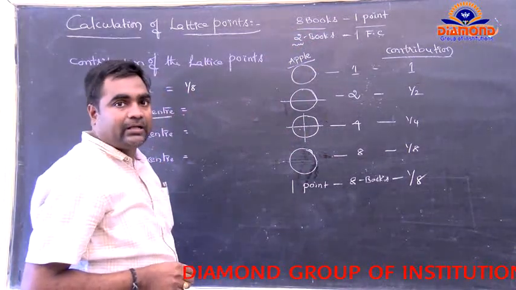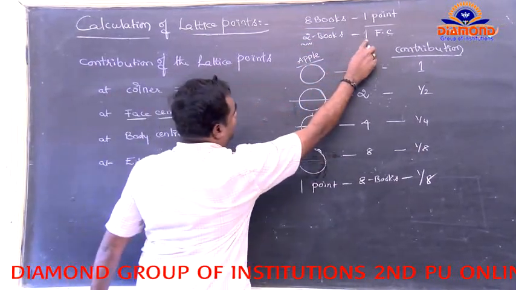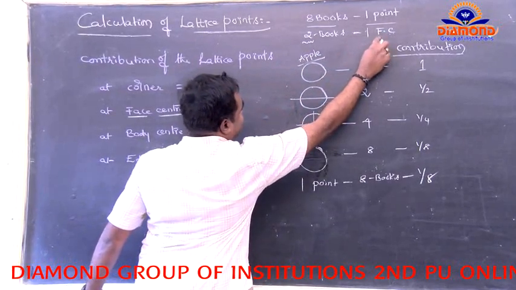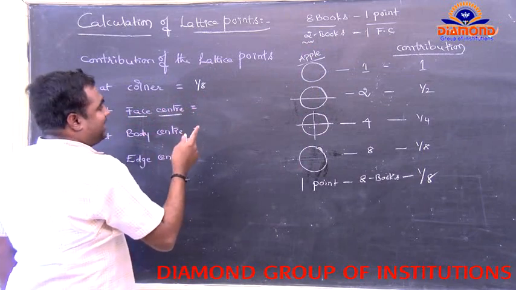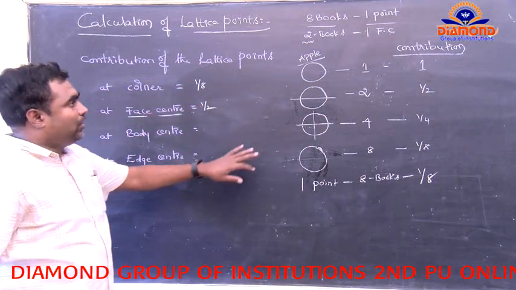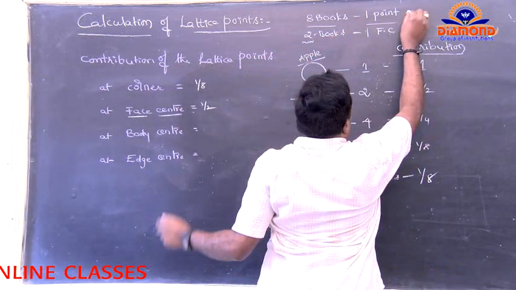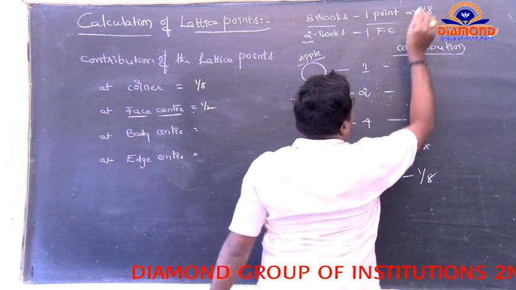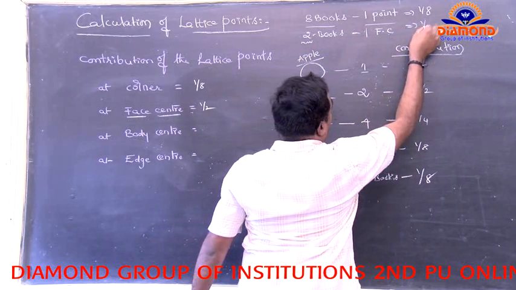Then what is the contribution? Only one point touches at the face center. How much contribution is there? It means 1 by 2. Why? Because when 8 books touch 1 point, the contribution belongs to 1 by 8. When 2 books touch 1 point, the contribution is 1 by 2.